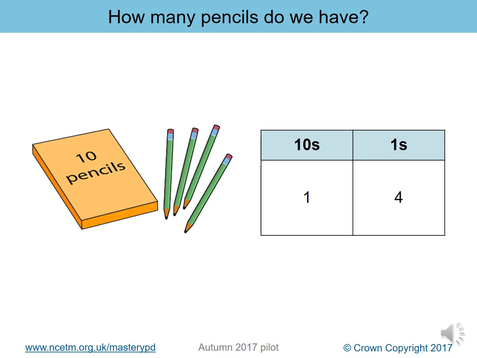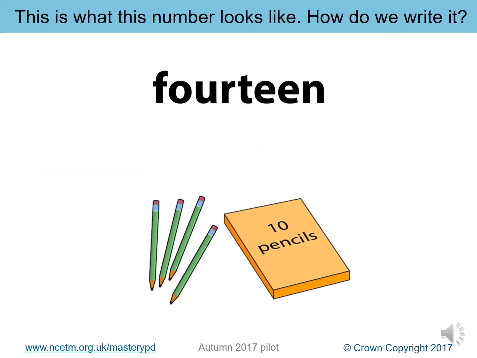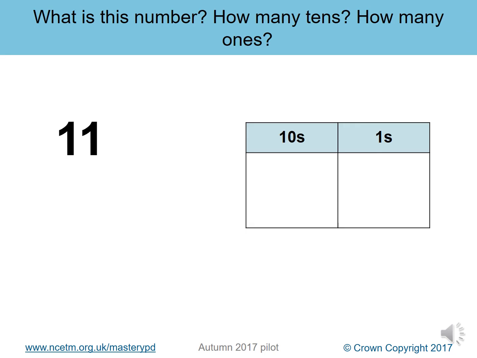So that's why we're thinking about how many 10s and 1s, because as we go on to bigger numbers, we can start to think about how many 10s and 1s are in a number. But in this picture, we've got one pack of 10 pencils and 4 1s left over. So we write that as 14. So we have 4, which means the 4 1s, and the teen, which represents the 10 in this instance.